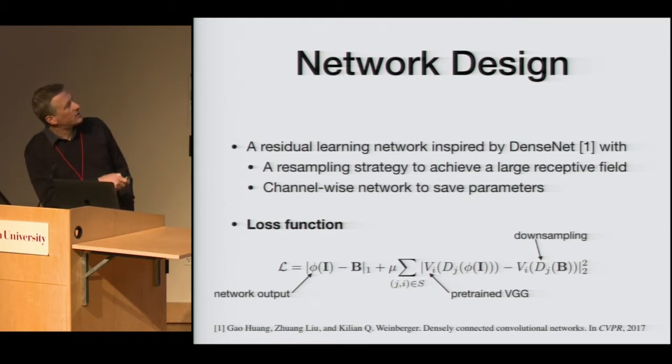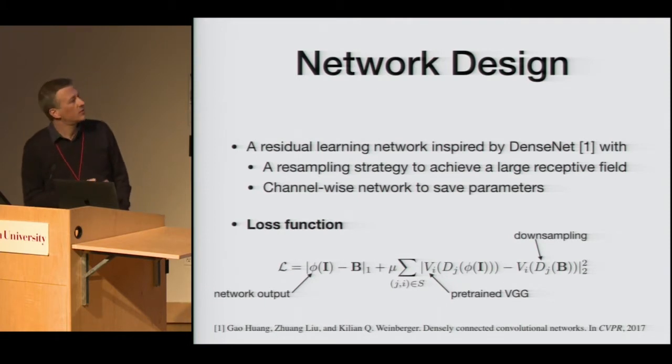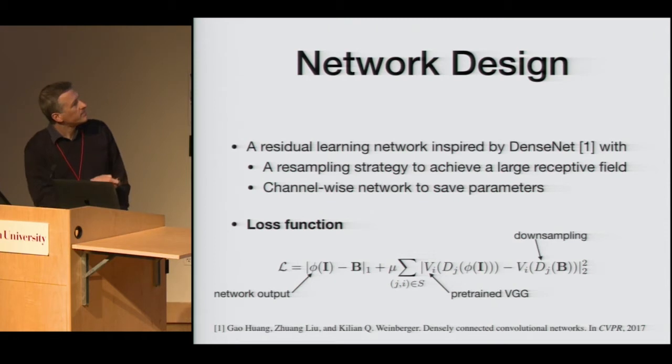The other element that is probably useful to know is the loss function that we use to train the network. So of course we want our network output, where the network is phi and takes as input the composite image I, to match the background image. We do that with an L1 loss.